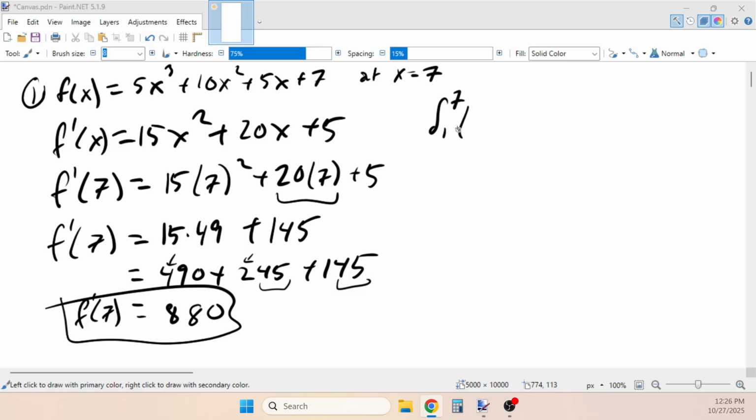Okay, so 1 to 7 of squared plus 5. Now remember, you can take these practice quizzes often, like some extra practice.